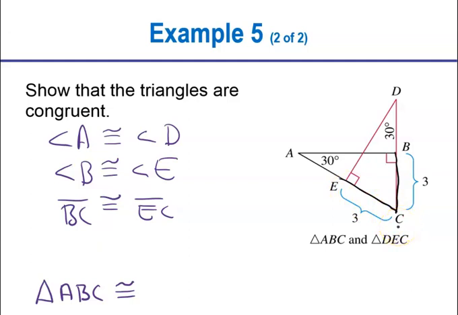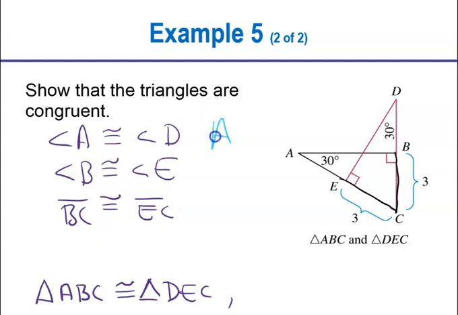Okay, so how do we write this out? Triangle ABC corresponds to, remember the A was at the 30 degrees, so that would be DEC. And that's even how we have it listed, DEC. Are you convinced? Well, what did we use to show that? Okay, so let's do our list.